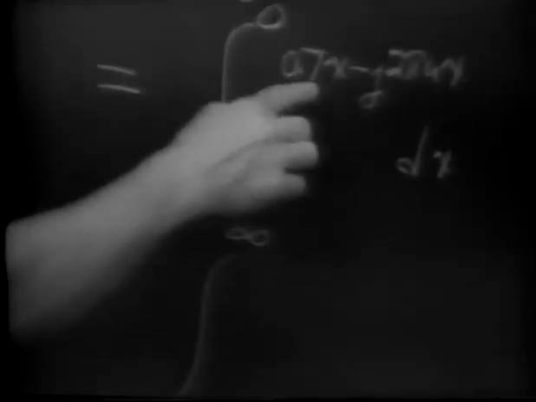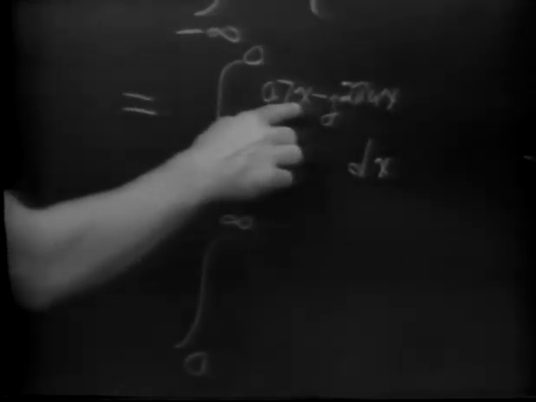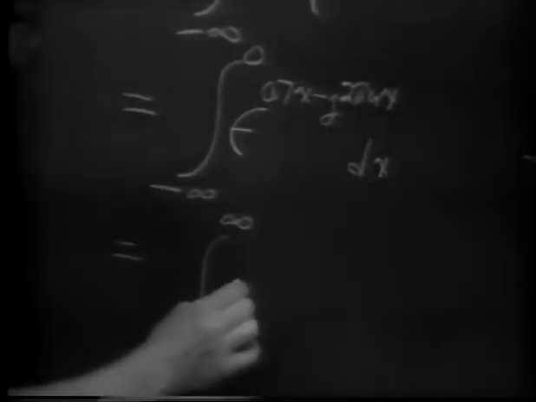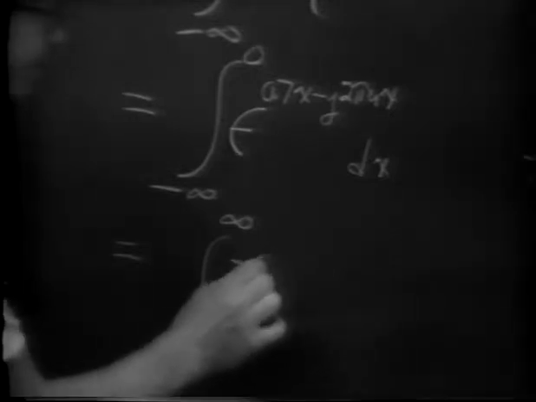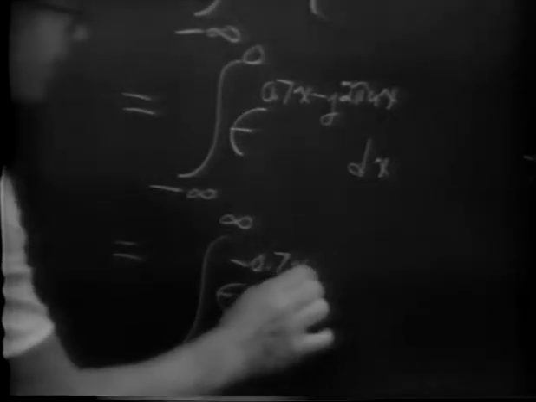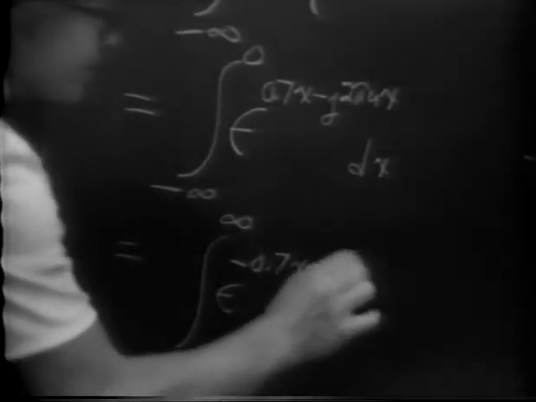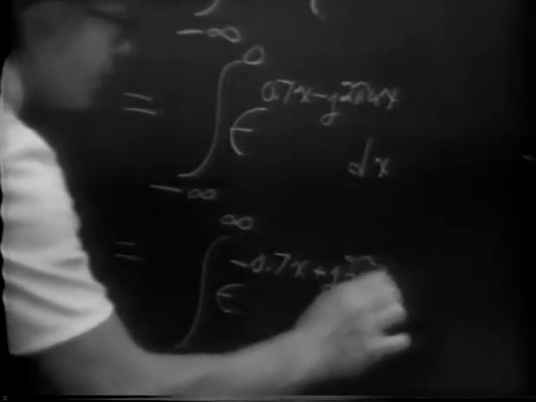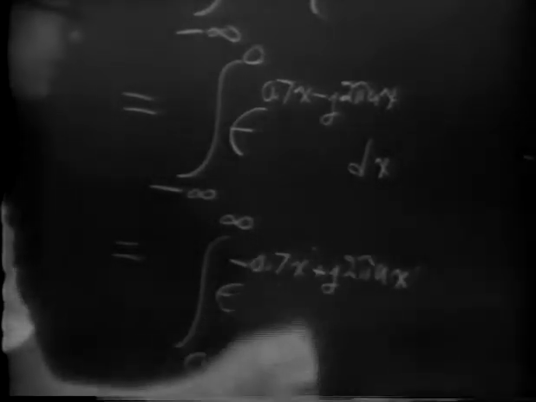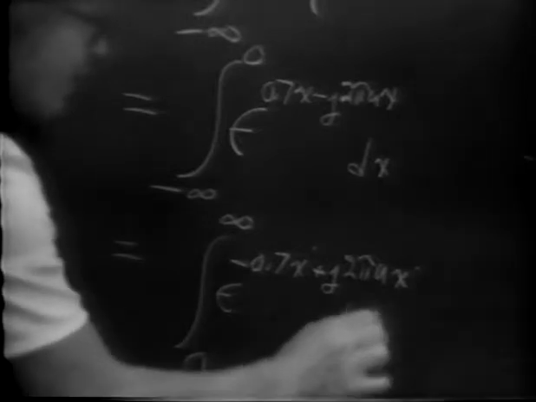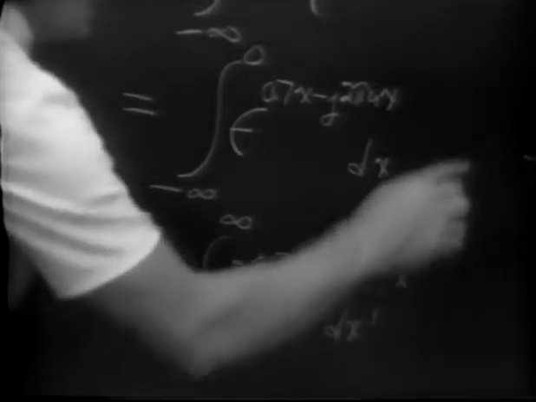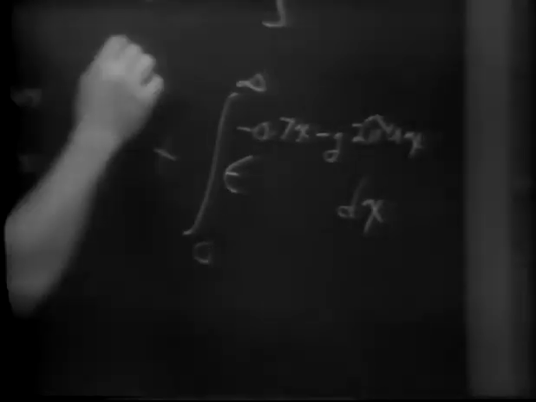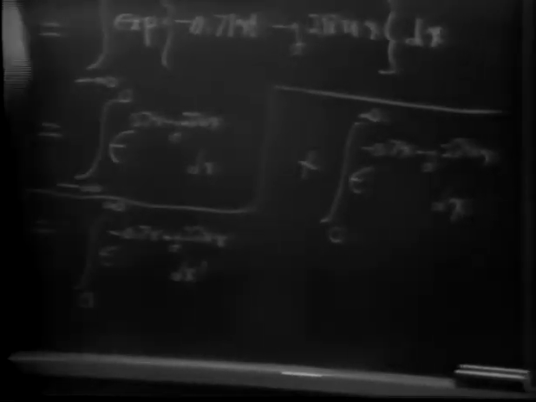And if I let x prime equal minus x, this would be e to the minus 0.7x plus j 2 pi ux, or these are my x primes, dx prime. And this integral would stay the same. Okay?